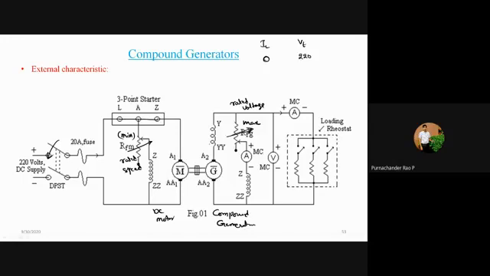Then we need to vary the loads now. As the load is varied, your current will be varied. As the current increases, your terminal voltage decreases. Let us assume that this is going to be 210, or you may observe that this is going to be 230.